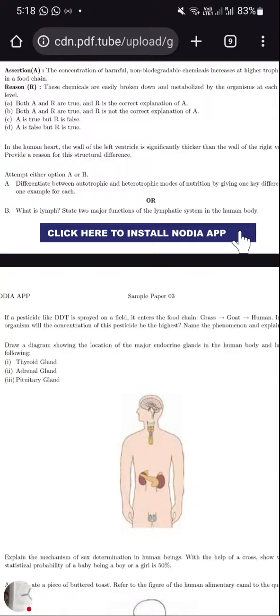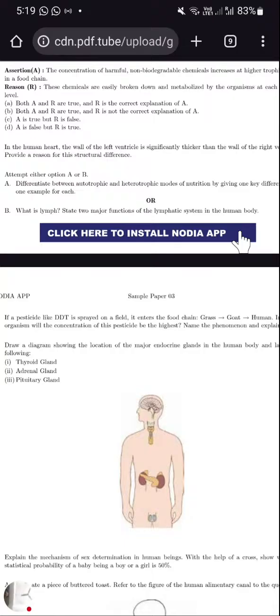Lymph is an extracellular fluid which oozes out of the cell and gets accumulated in the extracellular portion. Its function is similar to that of the blood. Whatever useful substances ooze out of the cell are given back to the blood.